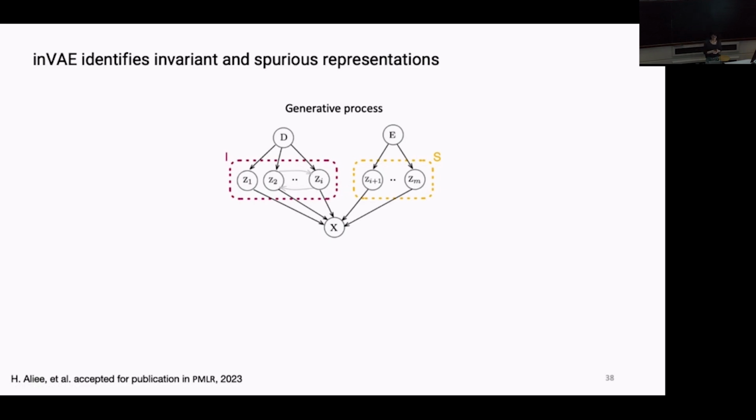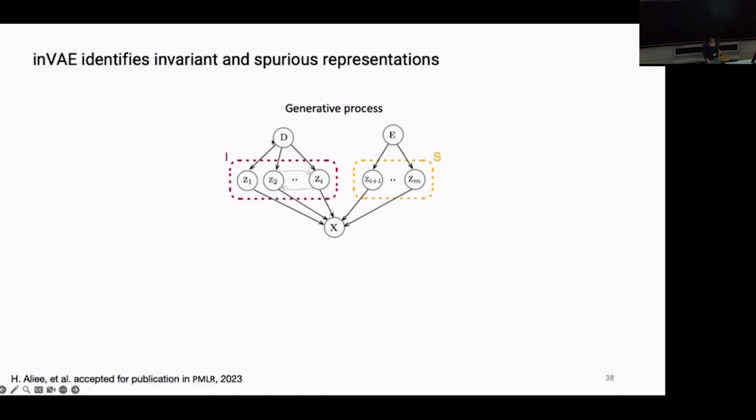To model this, I came up with the idea of a generative process in which we have two sets of latent variables. The first set is invariant: we assume that these latent variables are invariant to noise, and they capture all the biological variation in the data.